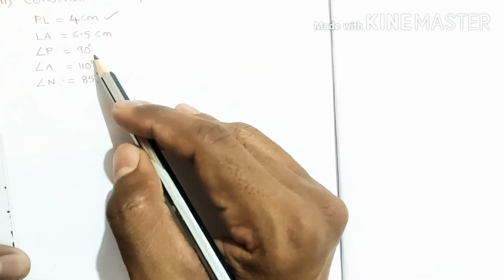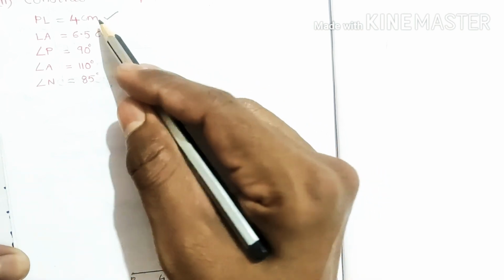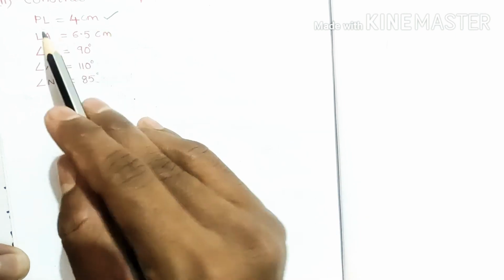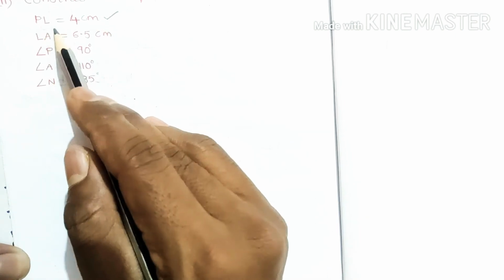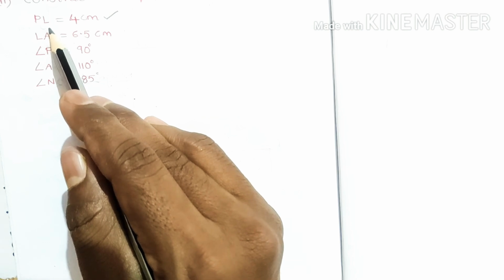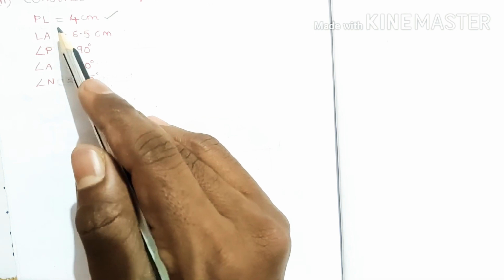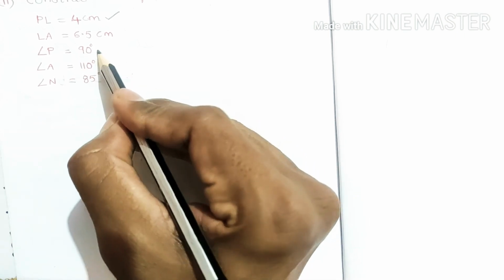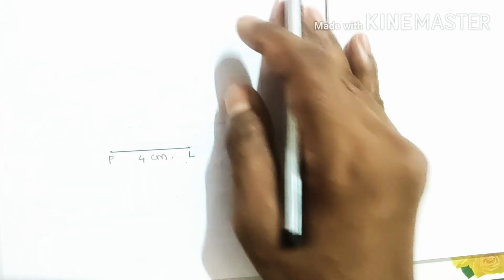After drawing the line segment, whenever you have angles given in the question, after the base line we have to go to angles only. So since the line segment is PL, on the line segment PL you can construct angle P or angle L. Angle L is not there in the question, so you can construct angle P is equal to 90 degree with the help of protractor.